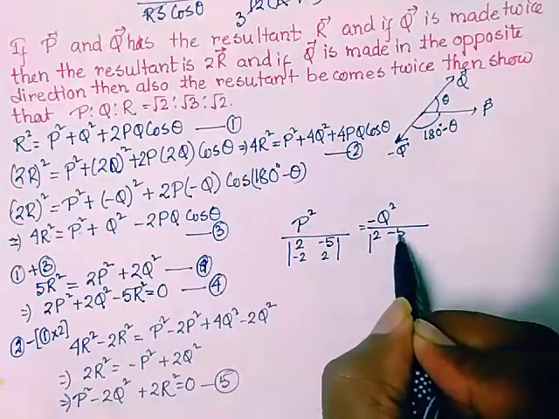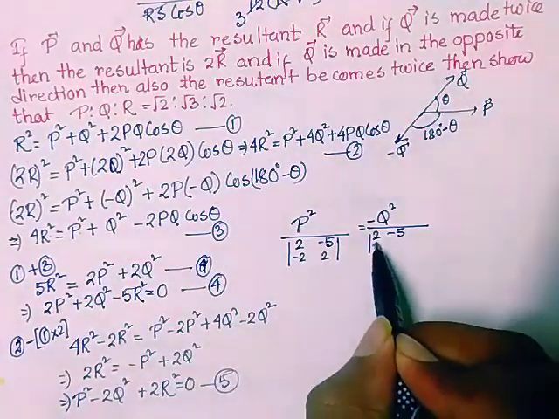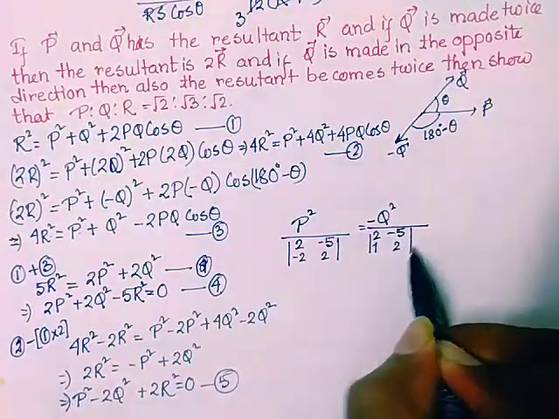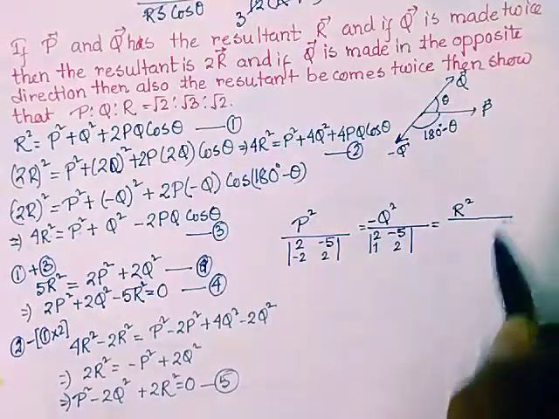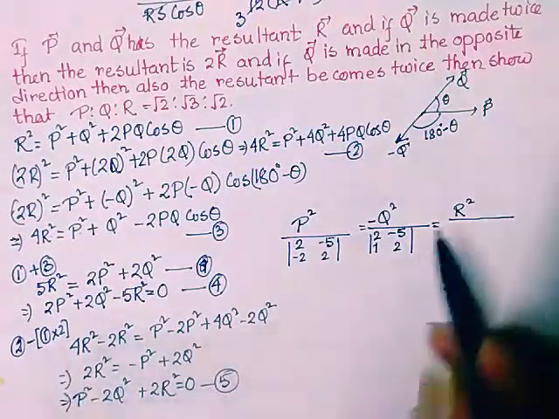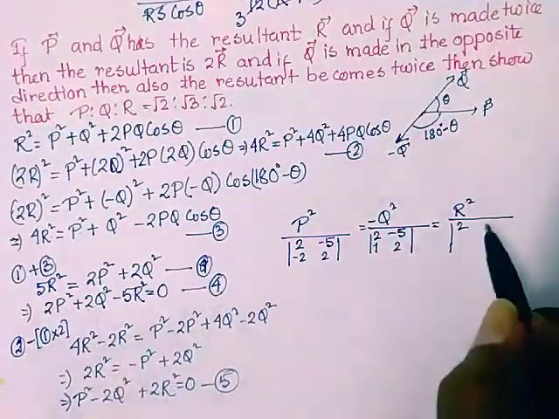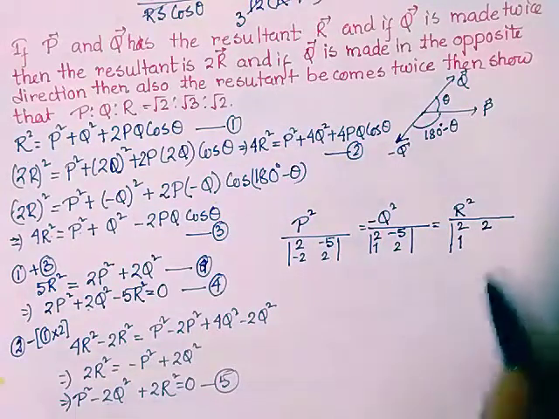That is the coefficient of p square and r square. Here the coefficient of p square is 1, and here the coefficient of r square is 2. It is r square. The coefficient of p square is 2, and the coefficient of q square is also 2. Okay, the coefficient of p square is 1, and the coefficient of q square is minus 2.